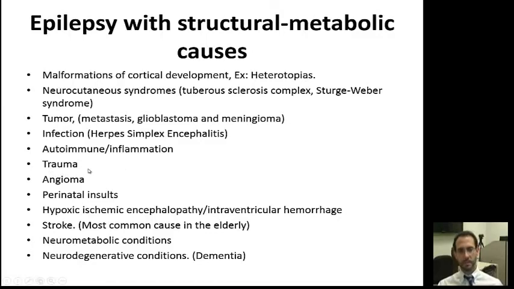Trauma, like a motor vehicle accident, can affect the frontal lobe, also the temporal lobe, just because the impact over the brain can create a lot of movement inside the skull and injure the brain. Angiomas, of course, perinatal insults, ischemia of the brain whenever the patient had a cardiac arrest for more than 10 minutes, a long period of time, there's not enough oxygen or blood flow going to the brain.